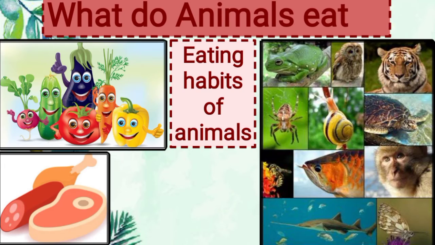Now let's understand what animals eat. As you know, different animals eat different things. All animals need food to survive. They eat many different kinds of food, including other animals, fish, nuts, seeds, tree leaves, branches, insects, and grass. Based on the type of food they eat, they can be divided into 5 main groups.